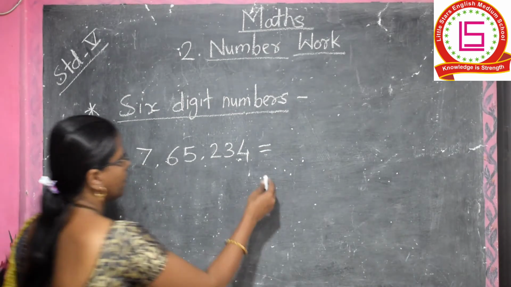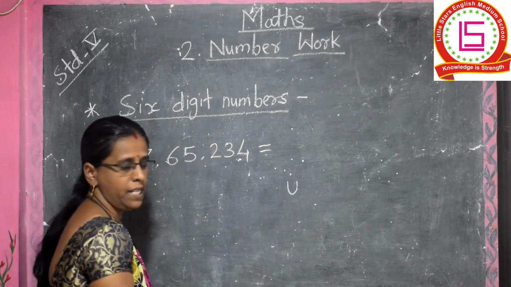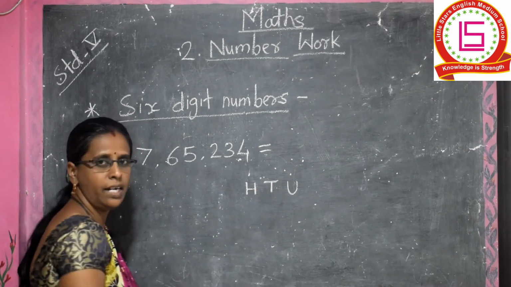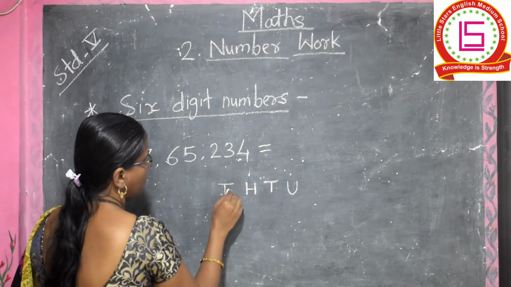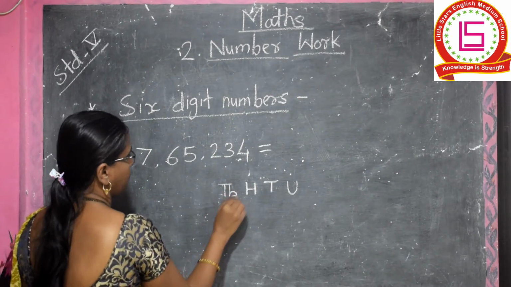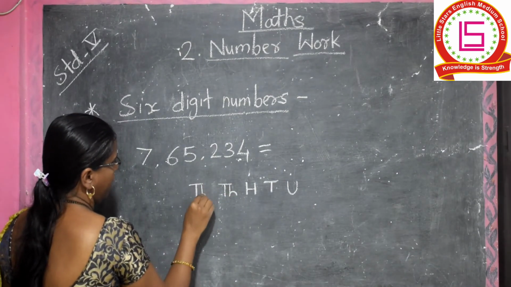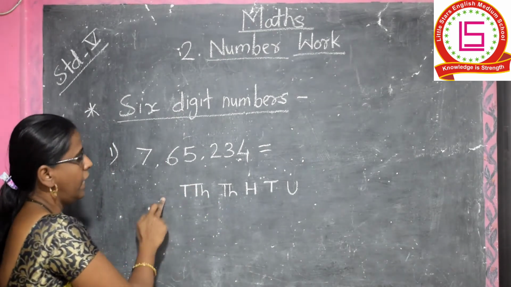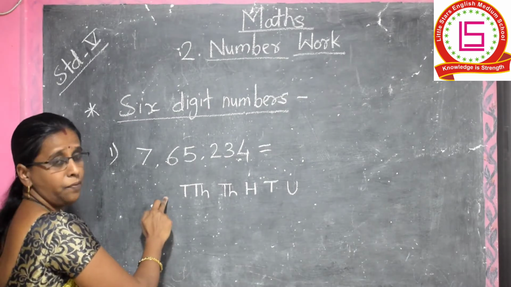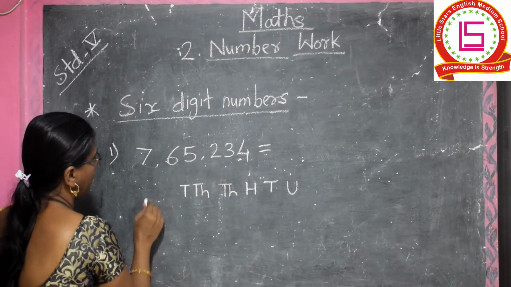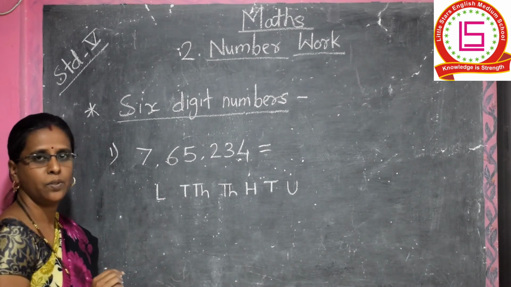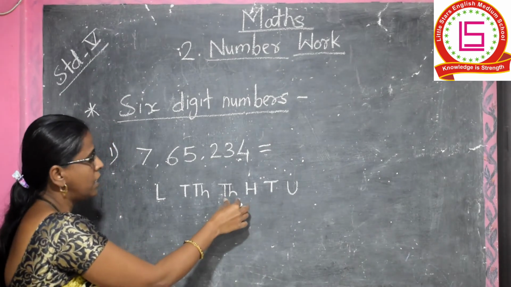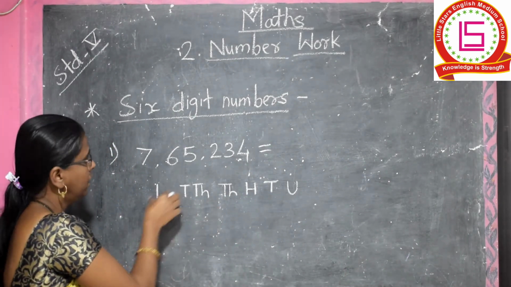First place is the unit place, then tens, then 100, then the 1000 place, then 10,000. After 10,000, the next place is called lakh. So first unit place, then tens, 100, 1000, 10,000 and lakh.